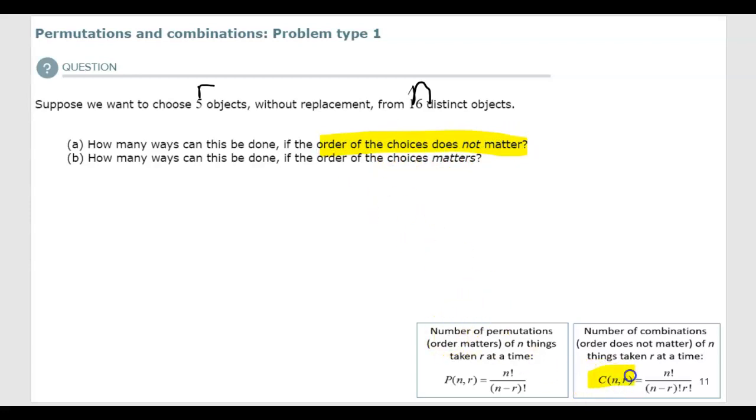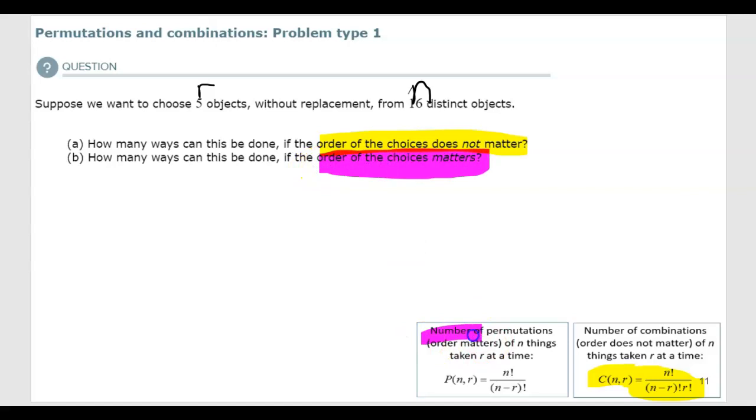Order does not matter is going to be this. Order does matter is going to be this. I want you guys to take a second, pause the screen, try to write the equation that you're going to use for A, and try to write the equation you're going to use for B. So pause the screen, do that.